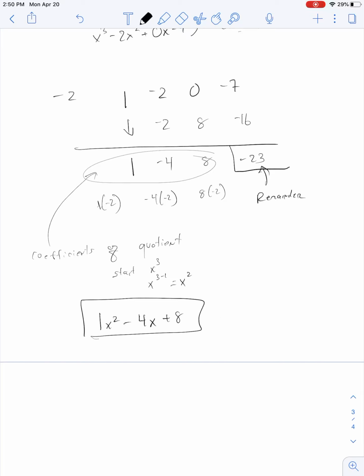Once again, this is called the quotient. And we saw our remainder already is negative 23. So nice example similar to your homework, right? x squared minus 4x plus an 8.